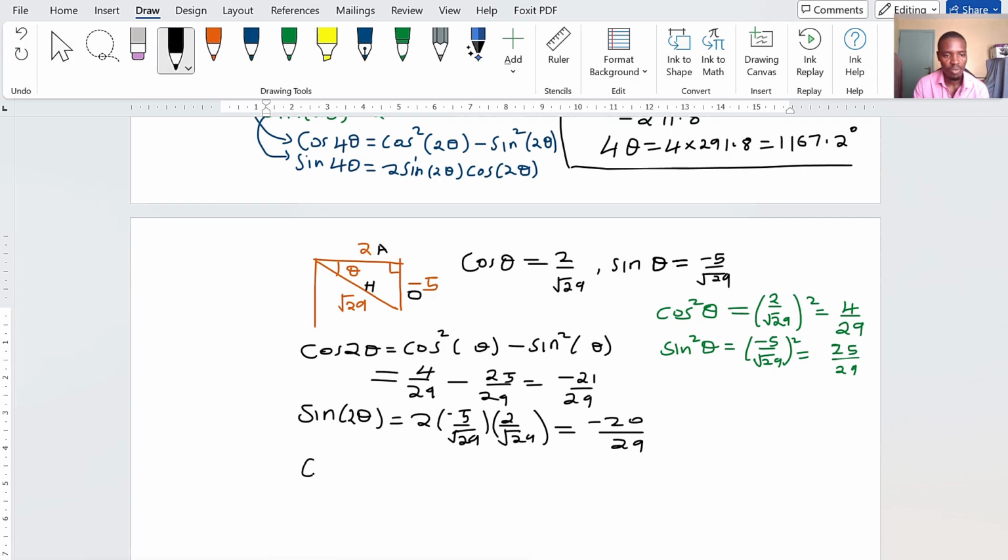Now what we need is cos 4 theta, which is the same as cos squared 2 theta minus sine squared 2 theta.